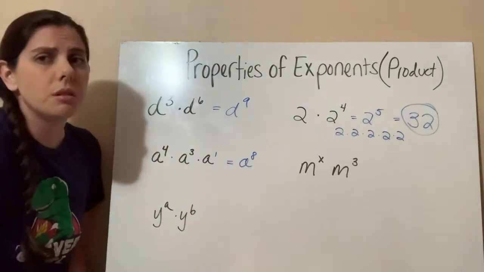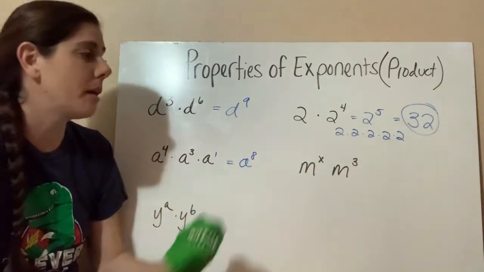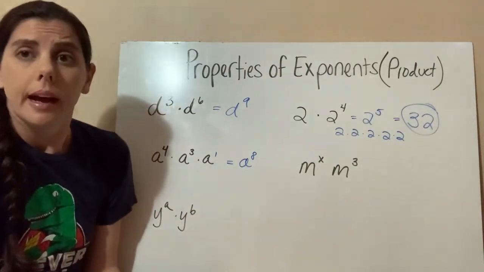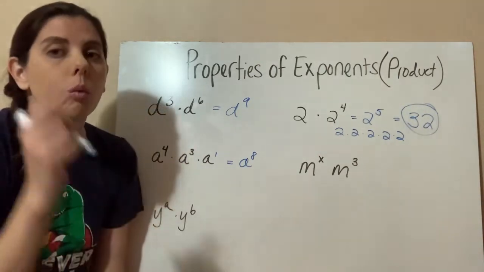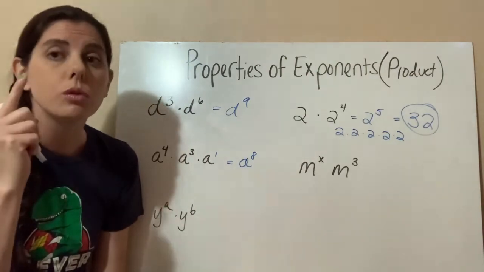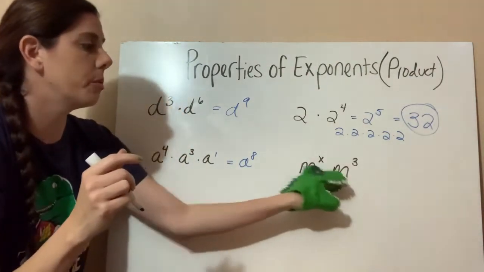Now the last two might look a little tricky. So over here we have m to the x times m to the 3. X is a variable. How do we have a variable as an exponent? Well, remember what our rule is. Our rule is if the base is the same. So in this case, the base is m for both of them.